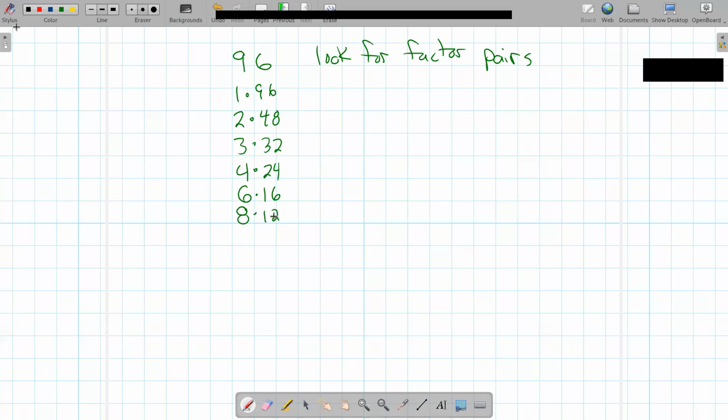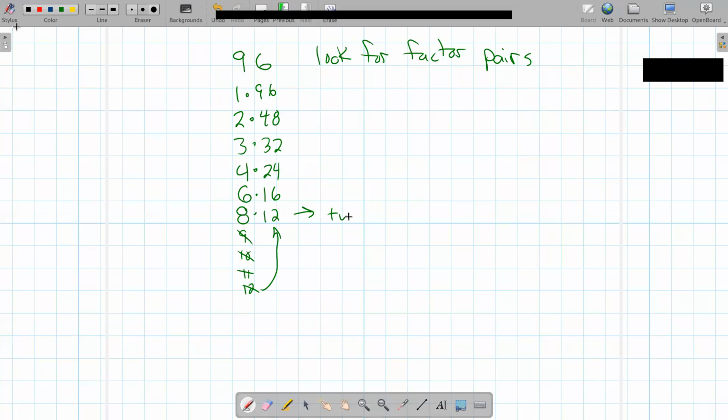12 goes in 8 times, so I'm now repeating myself. So again, I tried an idea for 9, didn't work, 10 didn't work, 11 didn't work, and then I get to 12, which I already have in my list, so I'm done looking. And 8 and 12 are the 2 numbers that are closest together to get 96.